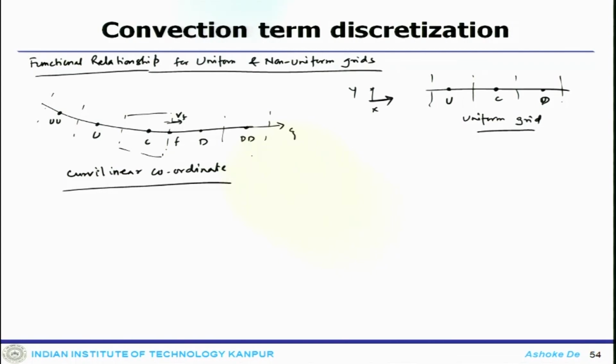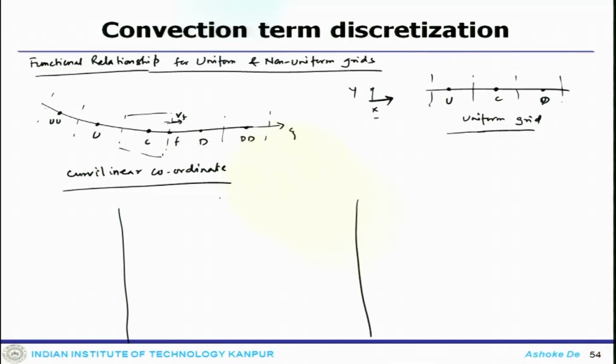So the functional form will not change, only the notation: where the uniform grid uses a function of x, here it should be a function of xi, which represents the system with the discretization.